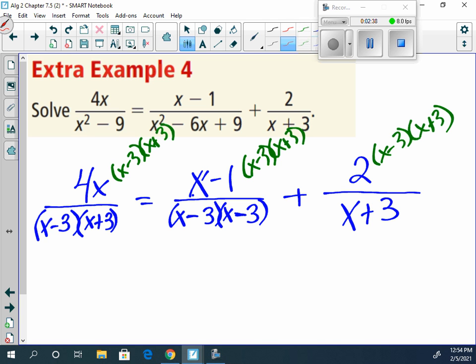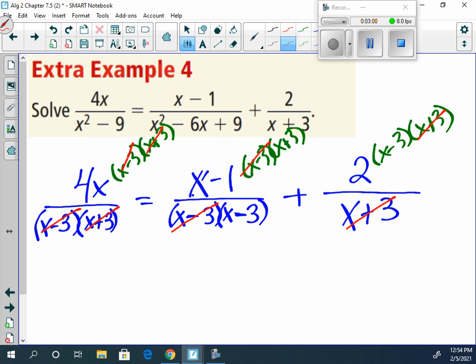Because if we look at the first one, x minus 3 and x minus 3. x plus 3 and x plus 3. We're good there. I look at this last one here, x plus 3 and x plus 3. So we're good in most all of these here. We just have the middle one left, so I have an x minus 3 and an x minus 3.